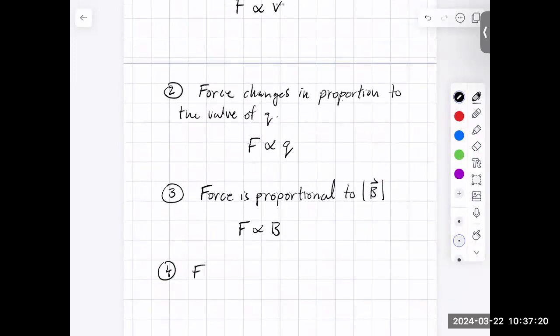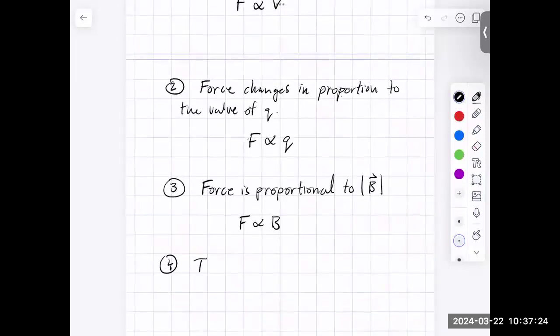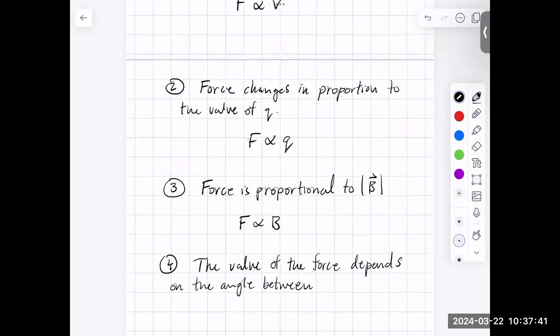So the value of the force depends on the angle between V and B. Okay, so it's the sine of the angle.